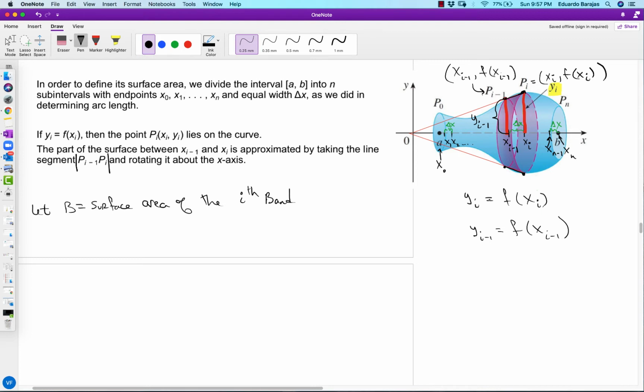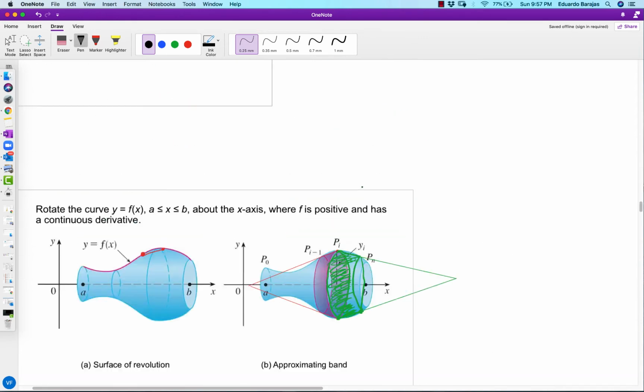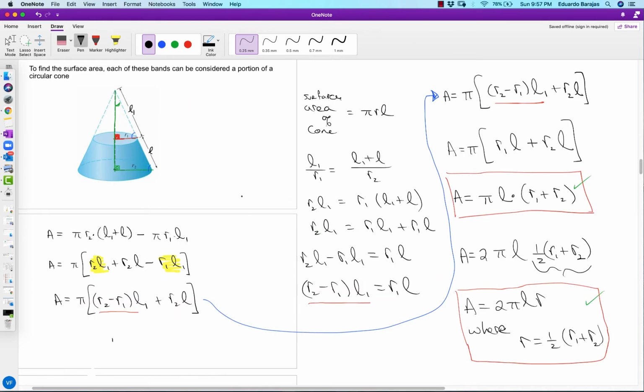Okay, well, we just discovered from right above that if we have a cone and we want to find the area of a band, that's what this little formula up here was for. That was the work that we did earlier, that if we have a cone and we just want a band, right? So when we say band, we're talking about this surface area.